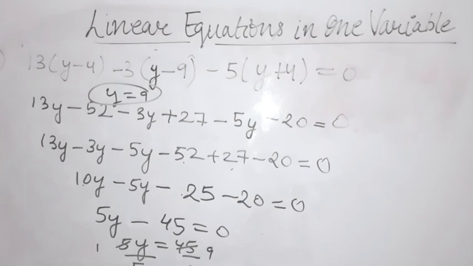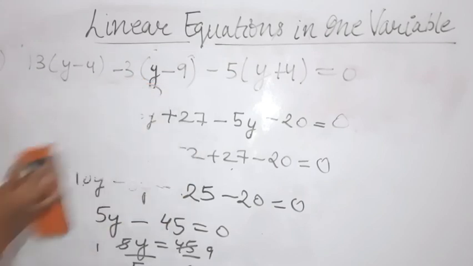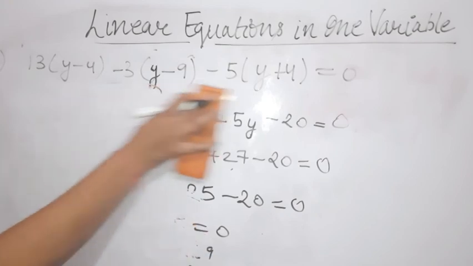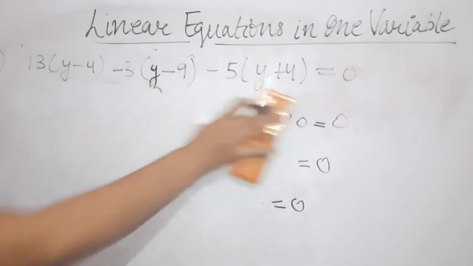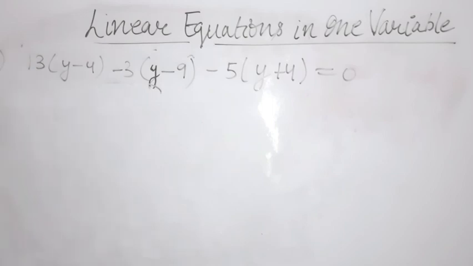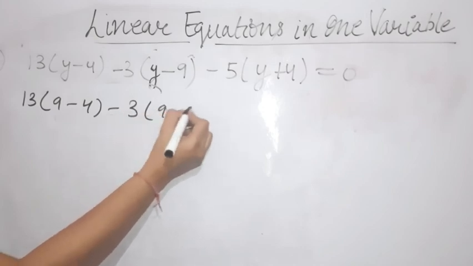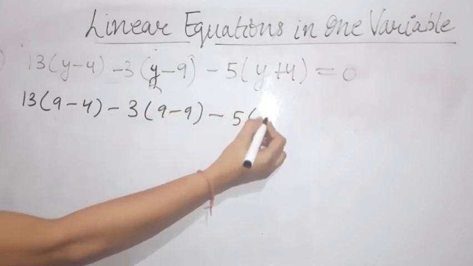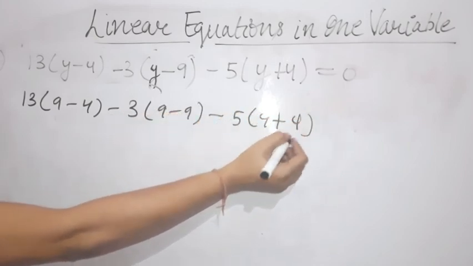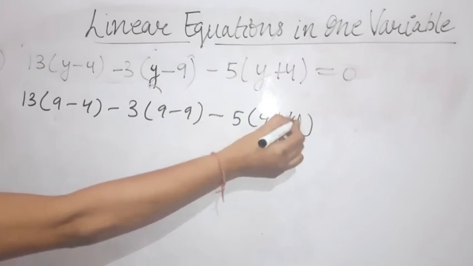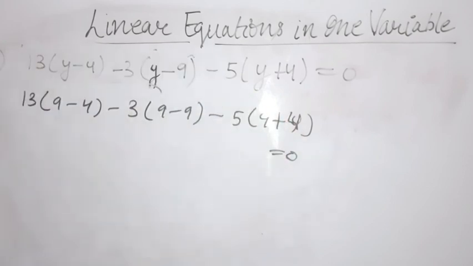Now we have to verify also. How will we verify, students? For the verification process, we have to place the value of y as 9 in the whole equation. In place of y, I have written 9.